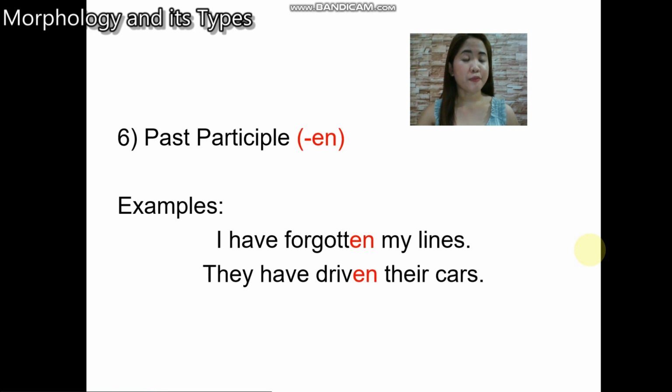Then we also have past participle with the en form. This past participle form of the verb always comes after the auxiliary verbs has, have, or had.